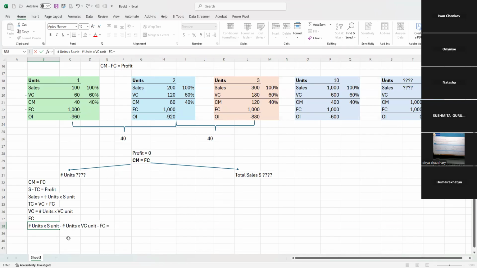And once we get that, that should give us our profit. In this case, since we want to break even, that should be equal to 0.